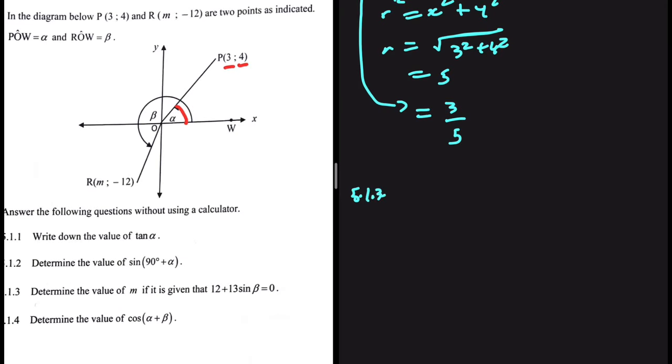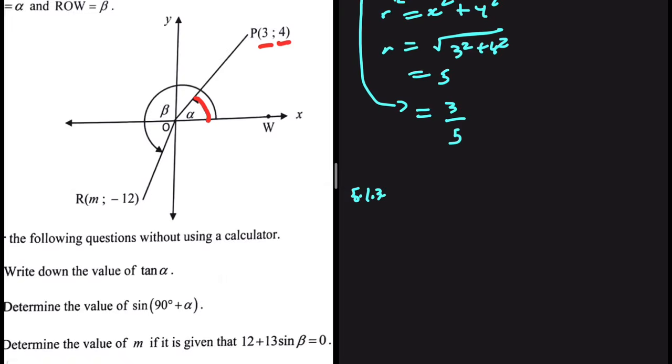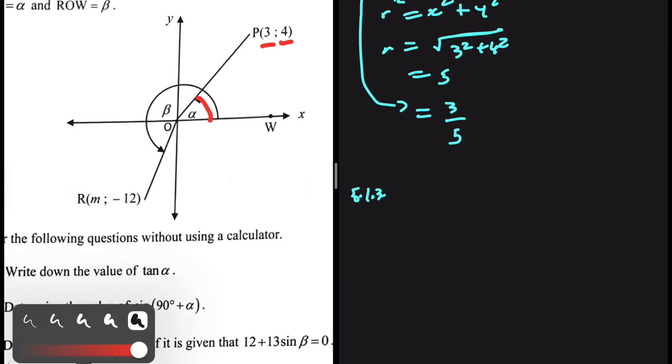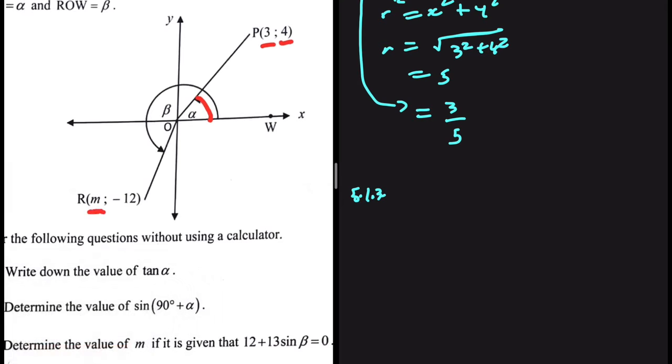Determine the value of m if it is given that 12 plus 13 sine of v is equal to 0. So we're looking for this value here of m on our coordinates. On our coordinates, we are using angle v, as we can clearly see. What do we have? We have 12 plus 13 sine of v being equal to 0.